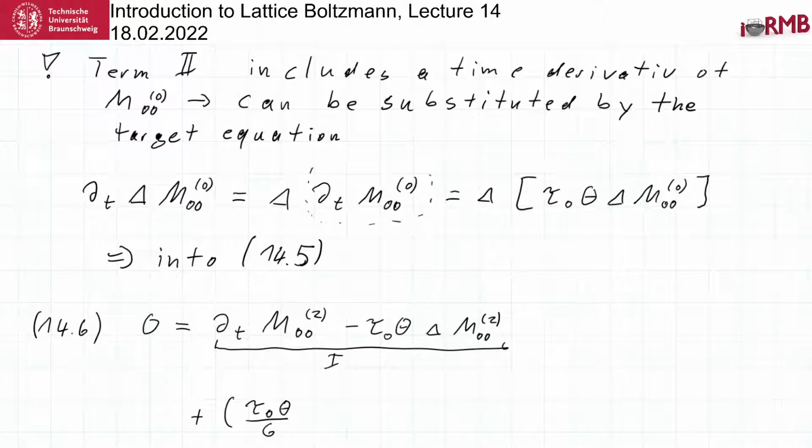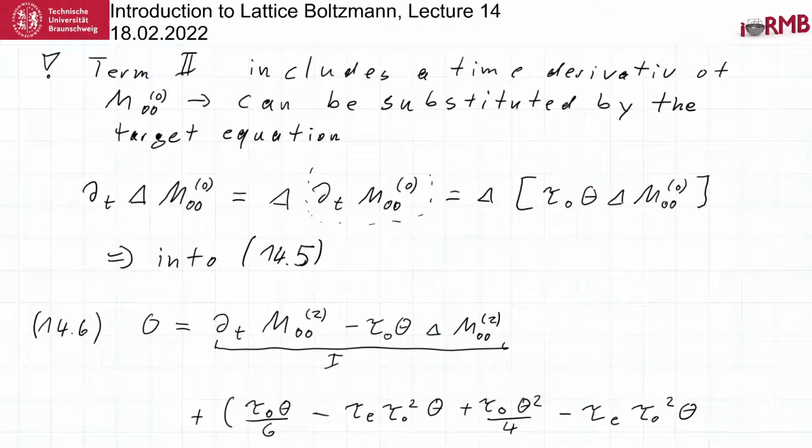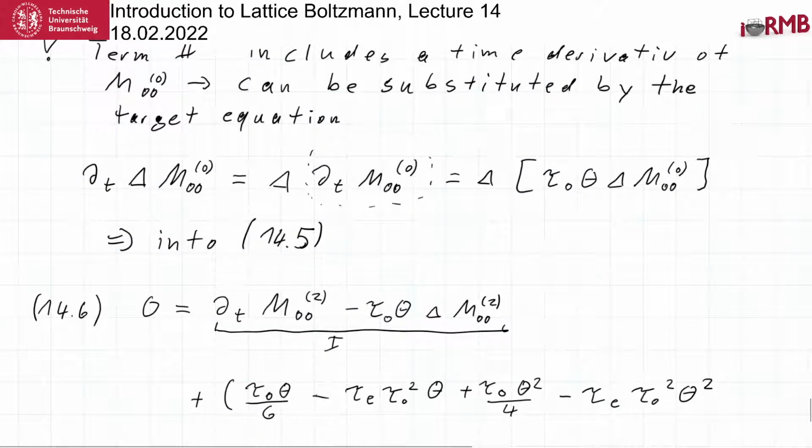So this is tau odd times theta divided by 6 minus tau even times tau odd square times theta plus tau odd theta square divided by 4 minus tau even tau odd square theta square minus tau odd square theta square.